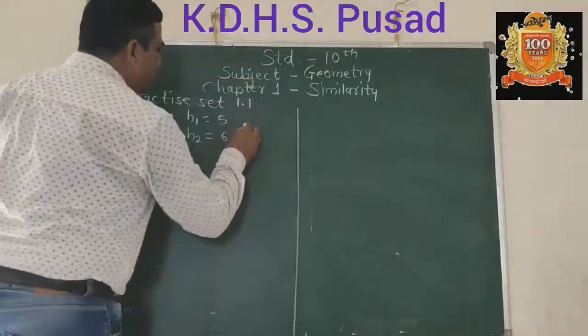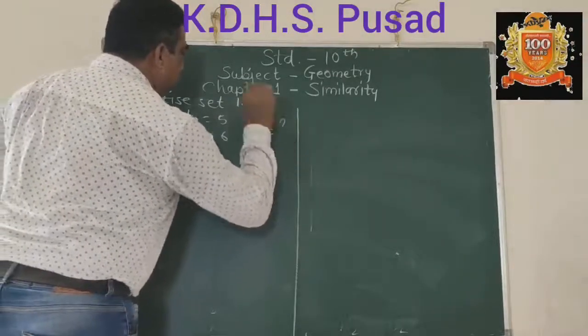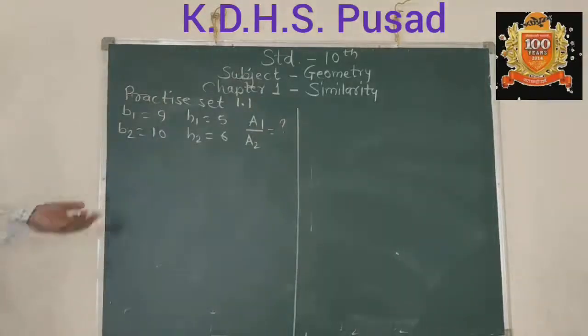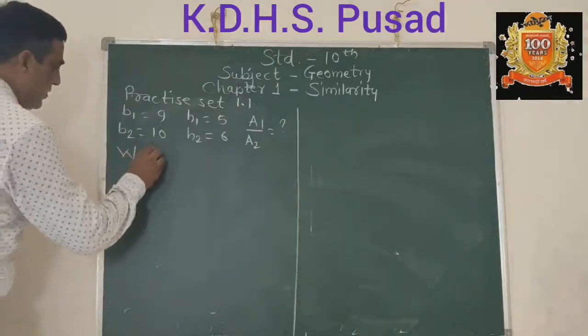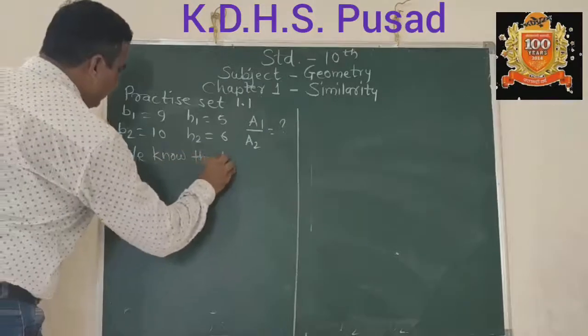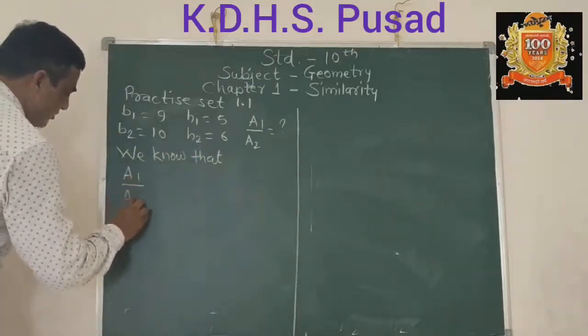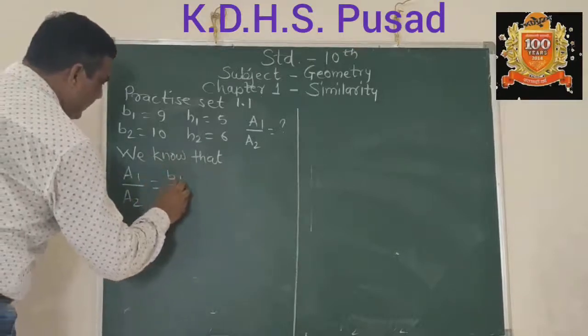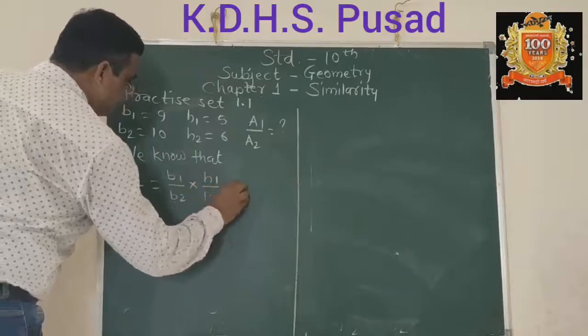You want to find out A1 by A2. As the name of the triangle is not given to you, in this way, you can directly use this formula. So as we know, A1 by A2 is equal to b1 by b2 into h1 by h2.